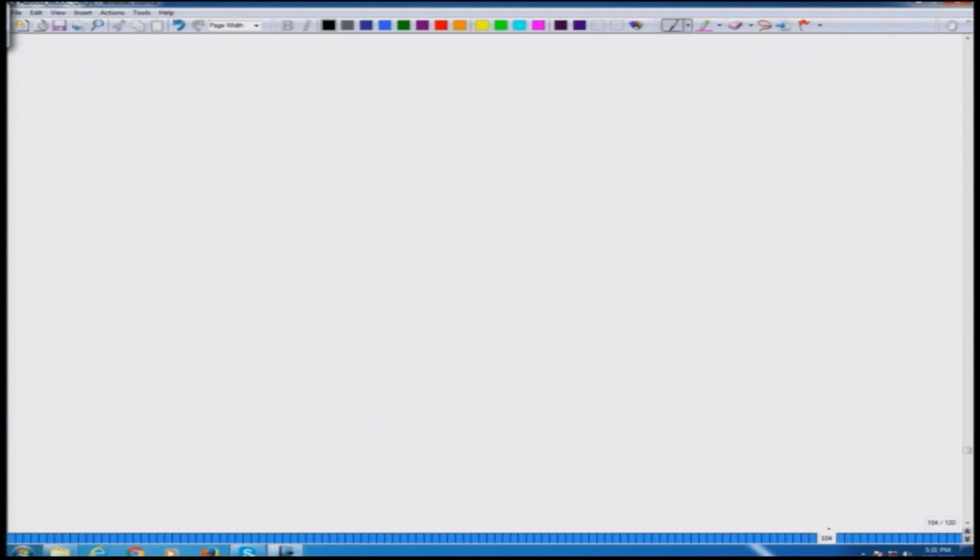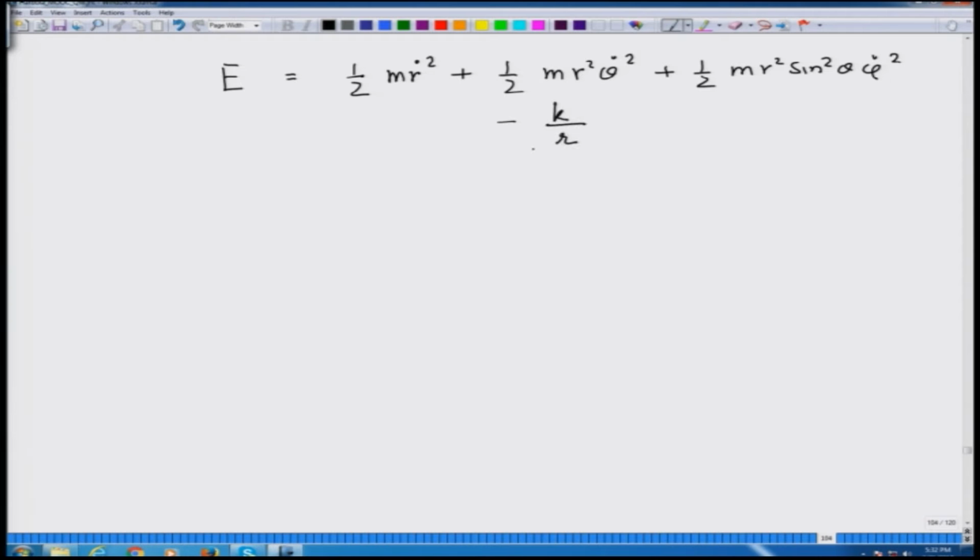So, let us see what we have found. We have found that the energy for 3-dimensional motion of an electron around a nucleus is going to be given as 1/2 m r dot squared plus 1/2 m r squared theta dot squared plus 1/2 m r squared sin squared theta phi dot squared minus k over r, and p r is m r dot, p theta is m r squared theta dot, and p phi is m r squared sin squared theta phi dot, and this is nothing but Lz.